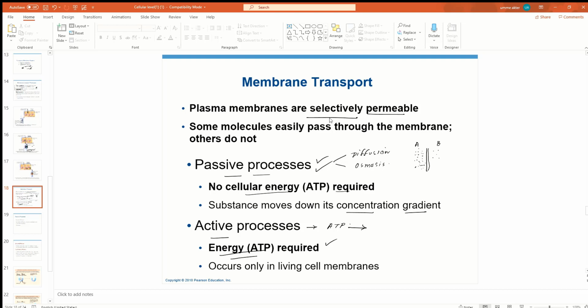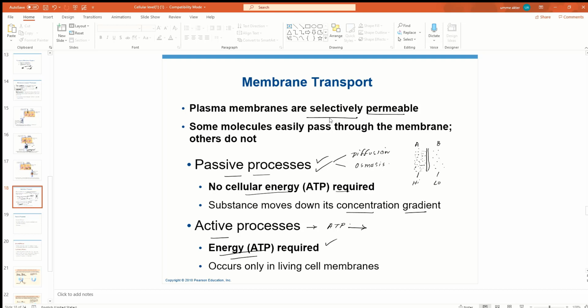Both are glucose solutions. Now the concentration of glucose solution on side A is high, right? So this is high concentration and this is low concentration.